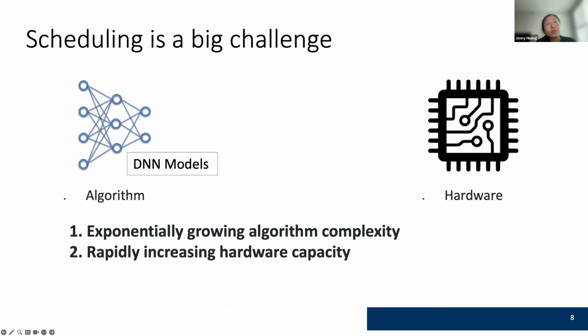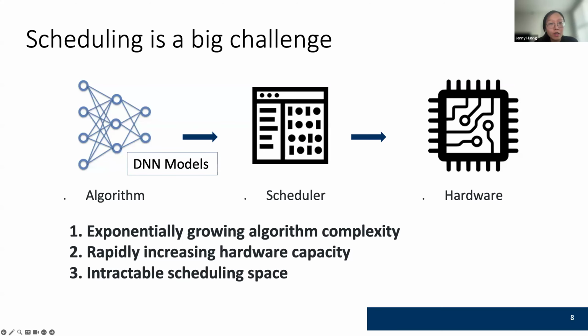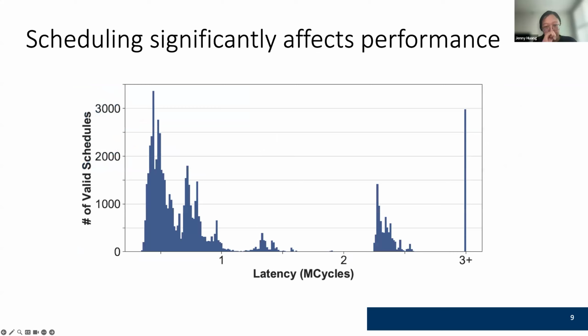As I showed in the previous slides, there are ever-growing complexities on the algorithm side and hardware side, and together they pose an intractable search space for the schedulers. Scheduling is not only hard, but also very important because it can significantly impact performance.